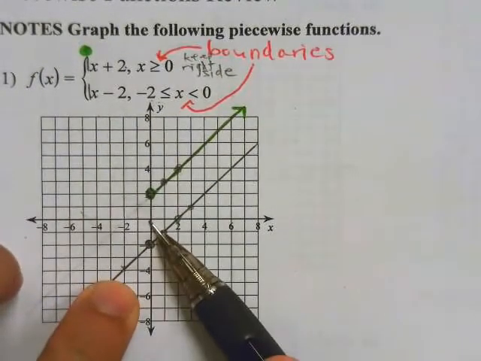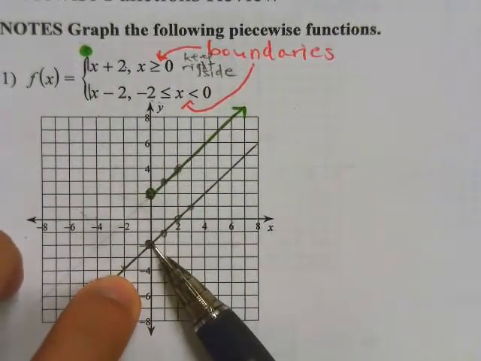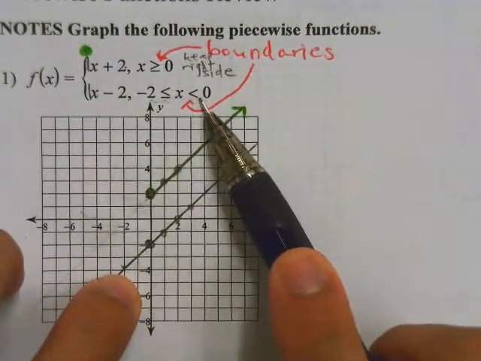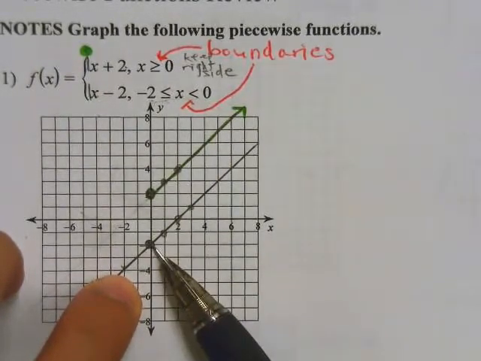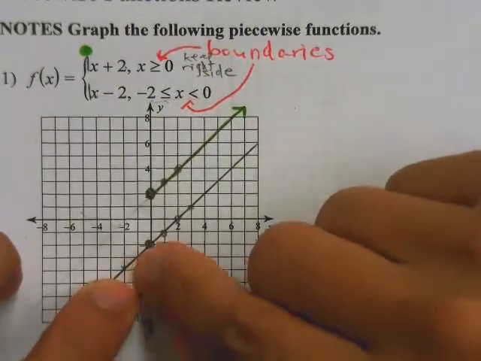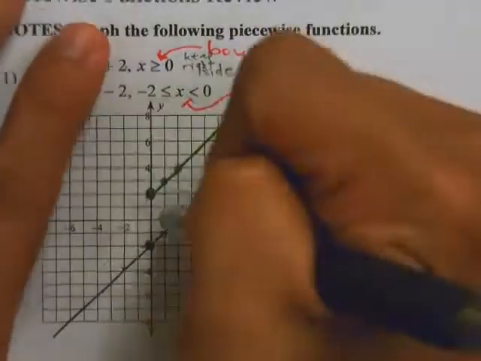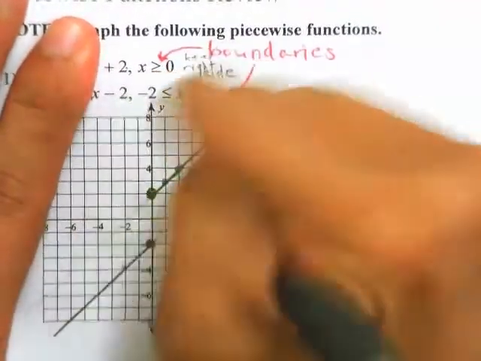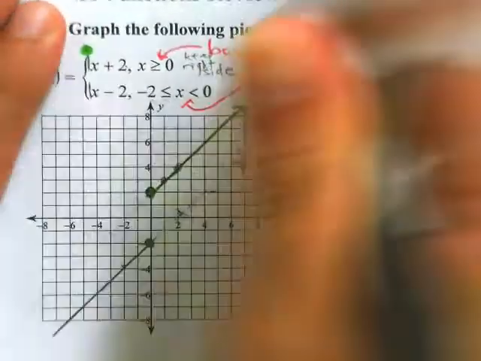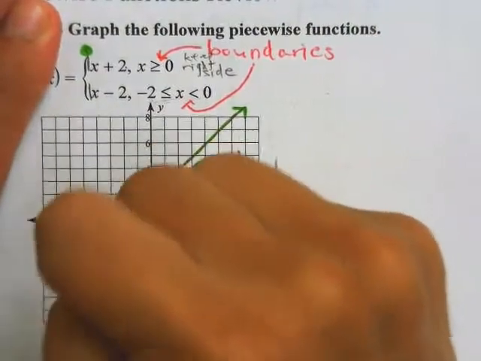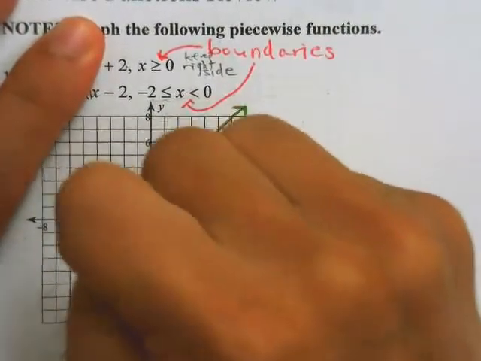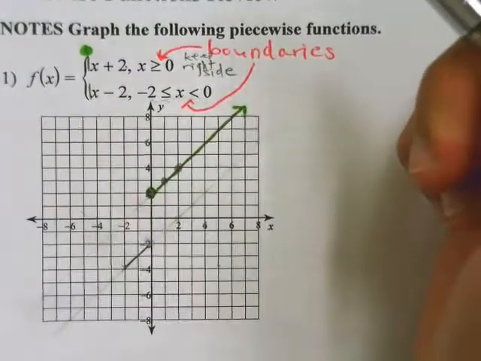So this is where x is at 0 and right over here. Okay, this is an in between. So we only want things that are in between these 2 numbers, -2 and 0. That means outside of it, we don't need. Since we don't need them, we're just going to erase those parts like that.